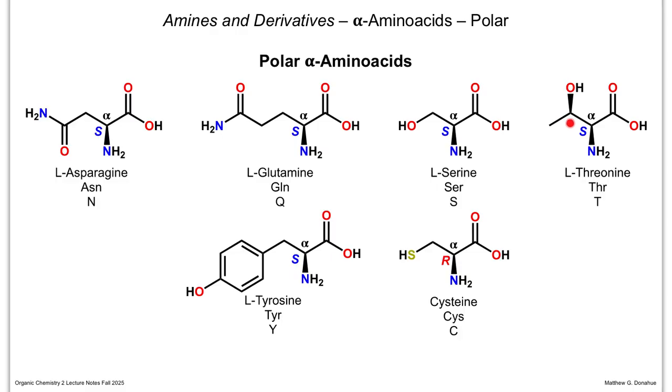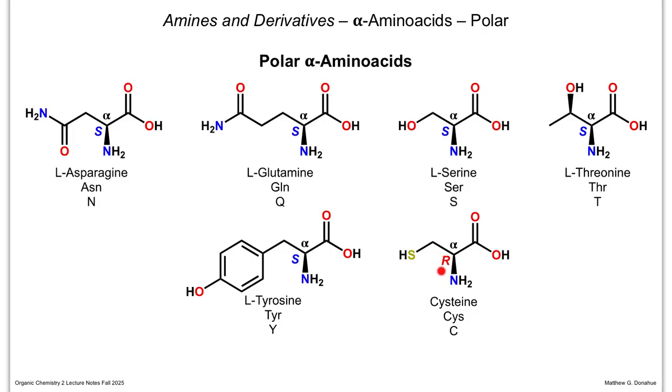Threonine is a secondary alcohol with another stereogenic center. Tyrosine is like a variant of phenylalanine, but now you have a phenolic group, so an aromatic alcohol. And then cysteine is this thiol version of serine.